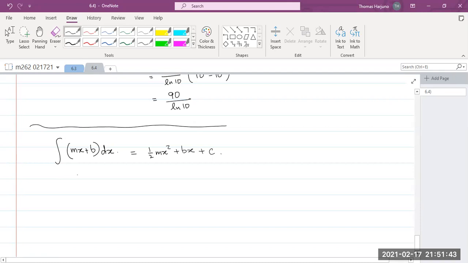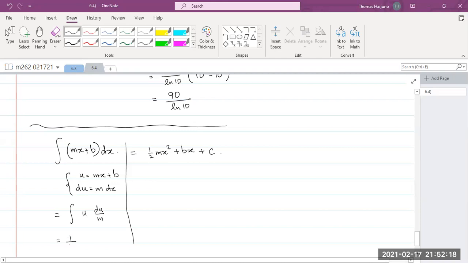Suppose I'm crazy enough to do substitution. Let u equal mx plus b. So my du will be m dx. Yes, I'm crazy enough. So then when I do substitution, mx plus b becomes u, my dx becomes du over m.